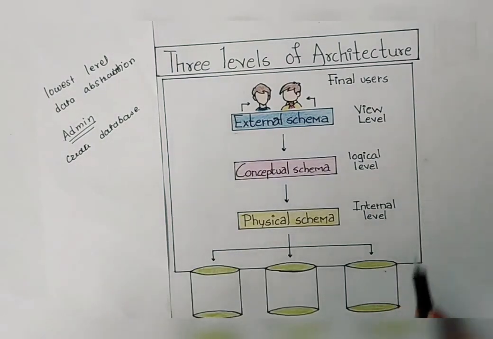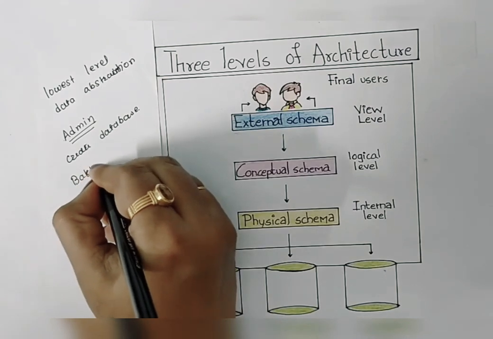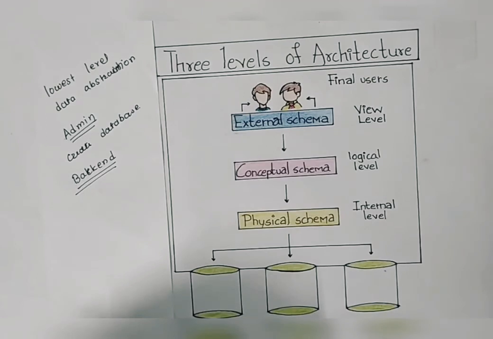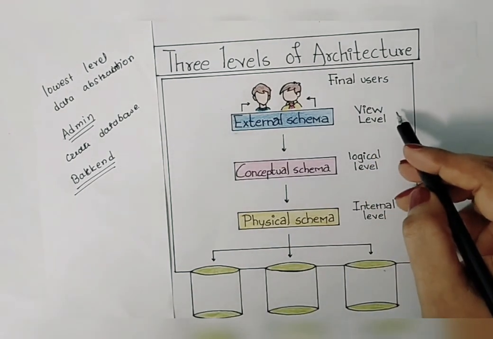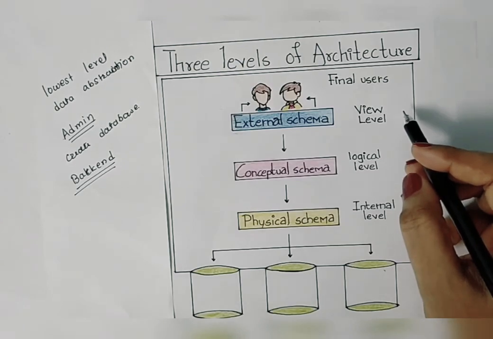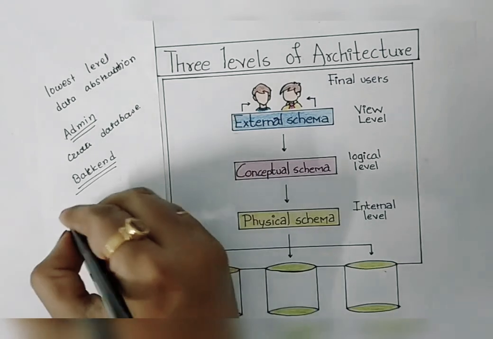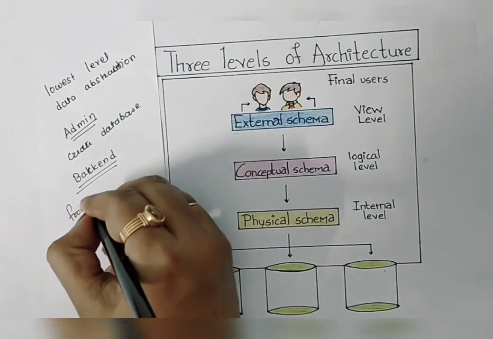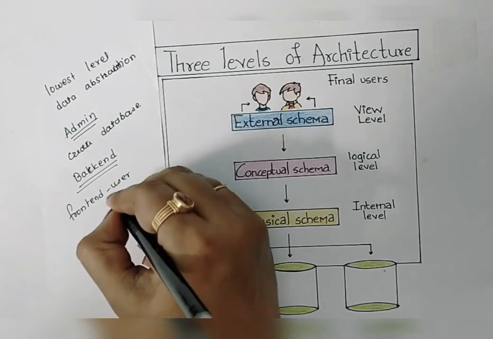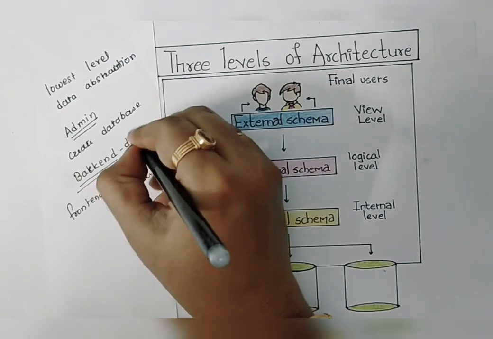Generally, this level we call a backend level, or you can call it a backend. And the view level you can call a front end. Okay, so front end is nothing but the user interface, and backend is your database.